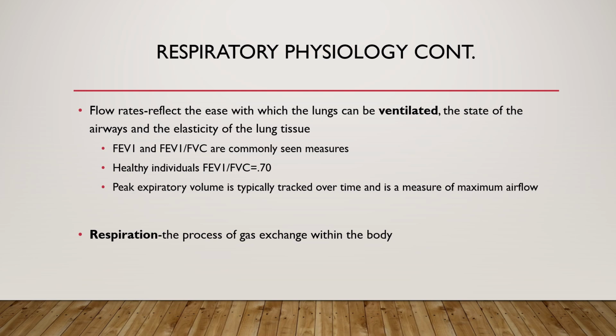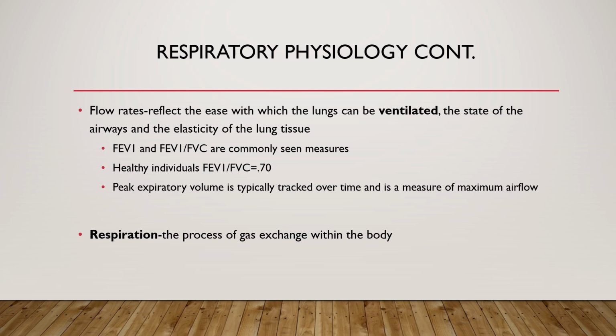So common ones that we'll see are going to be FEV1 and the FEV1 over FVC ratio. And so FEV1 is the forced expiratory volume in 1 second, and FVC is the forced vital capacity.